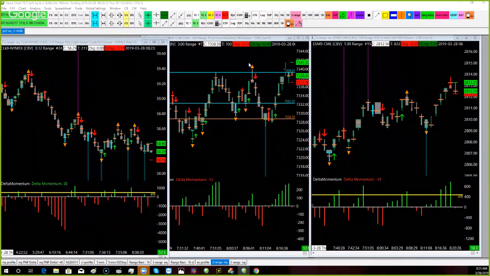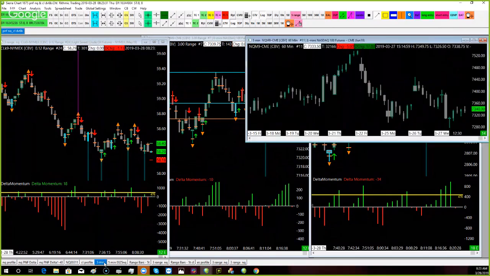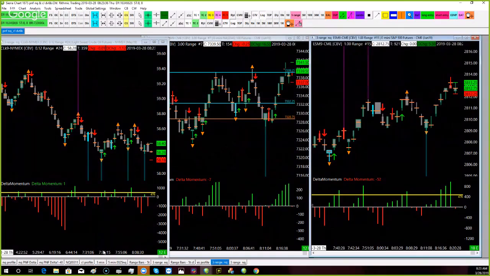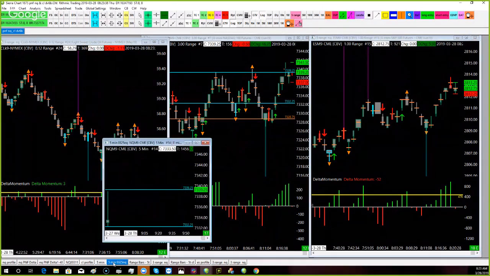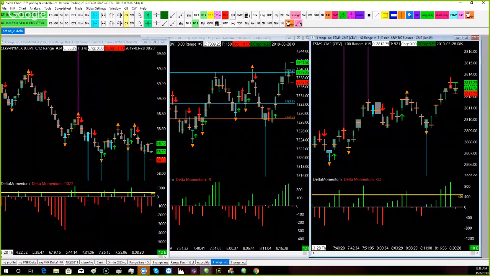Number one, let's talk about the profiles a little bit. Levels have been posted. Obviously, we have CL, too many CLs, NQ, and I don't have my ES chart. So we're going to minimize that for now.